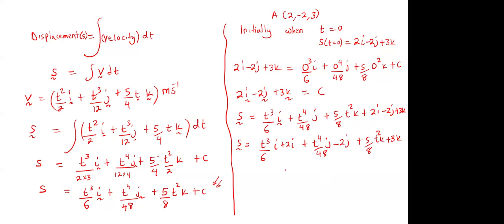Then from this point, you can factorize out your i's and write this as S equals (t cubed over 6 plus 2) i, plus (t to the power 4 over 48 minus 2) j, plus (5 over 8 t squared plus 3) k. And then you can say everything here is in meters. But what is our interest?